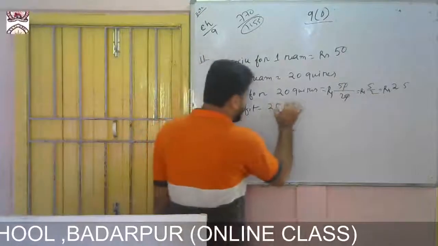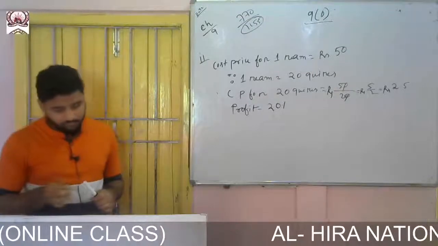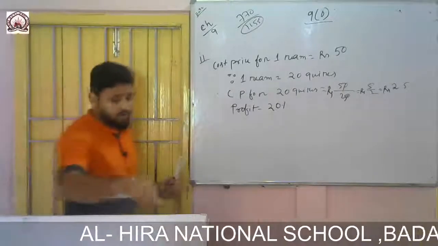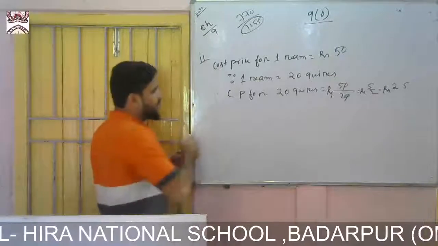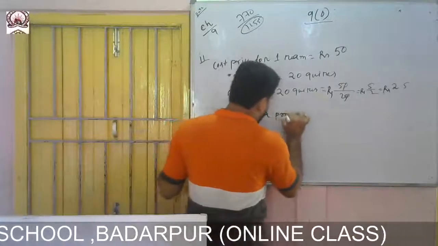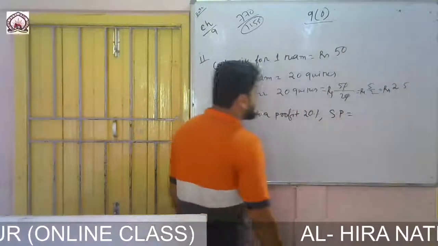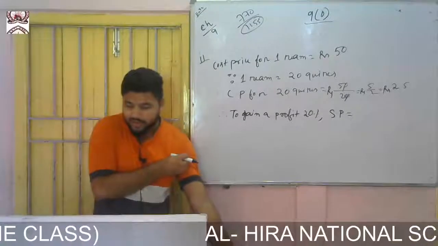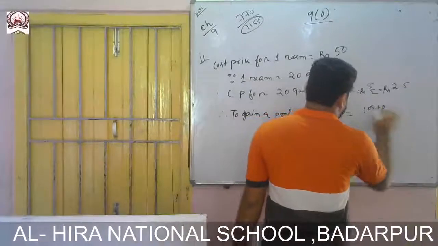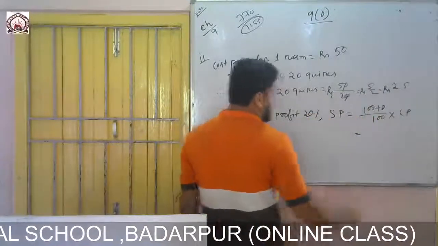So, to gain a profit of 20%, SP equals 100 plus profit by 100 into CP.